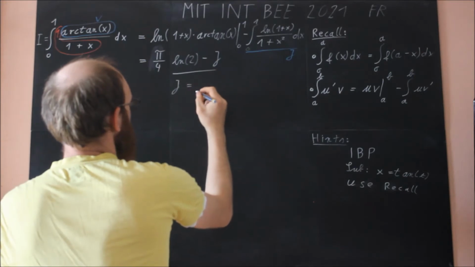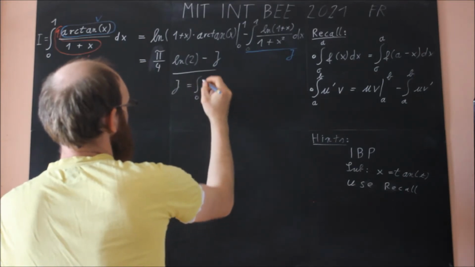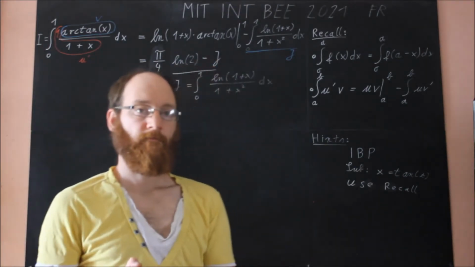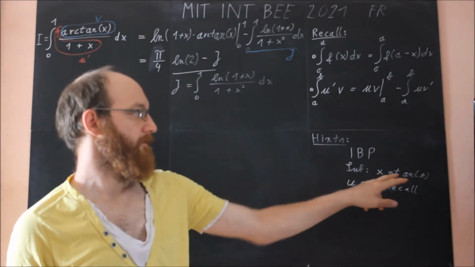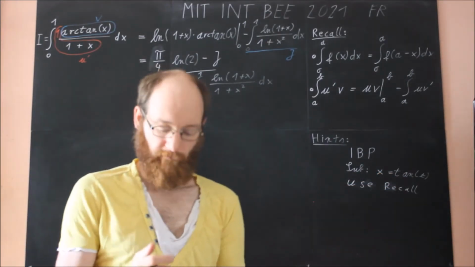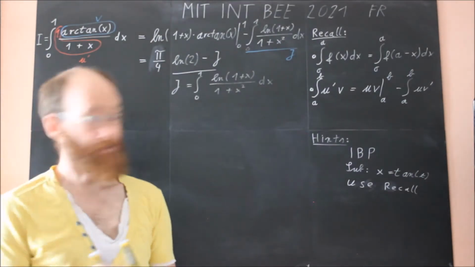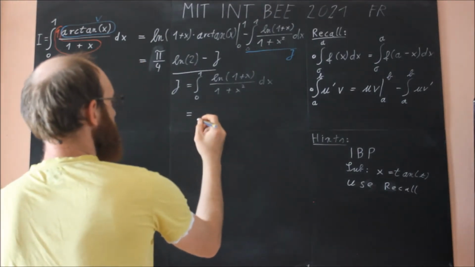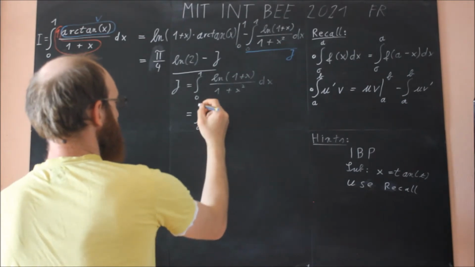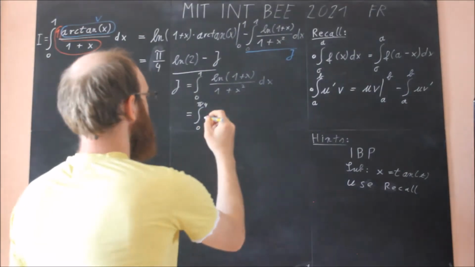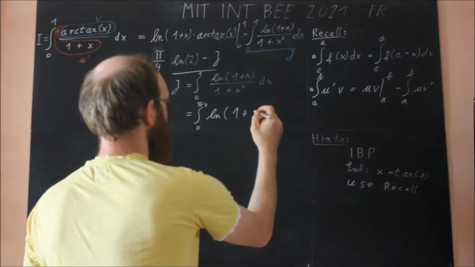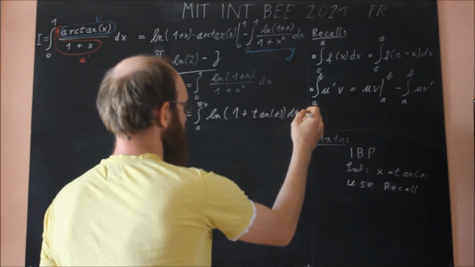j is the integral from 0 to 1. Now if we make the substitution x equals tangent t, I leave the details for you, what we get is the integral from 0 to pi over 4 of the natural log of 1 plus tangent t.